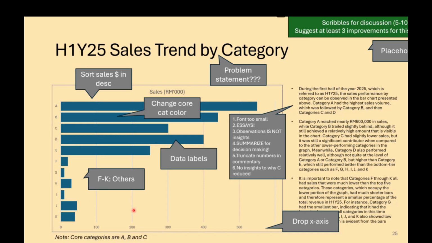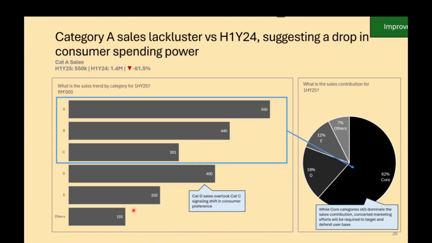So now what I will do in a storytelling narrative, instead of giving all this boring mumbo jumbo, I will share this instead. I will have my anchor statement. And in my anchor statement, I say category A sales lackluster versus last year. Suggesting a drop in consumer spending power. Category A. I was only focusing on category A.